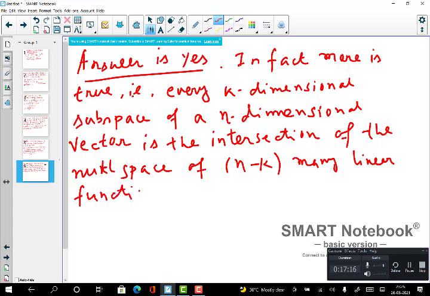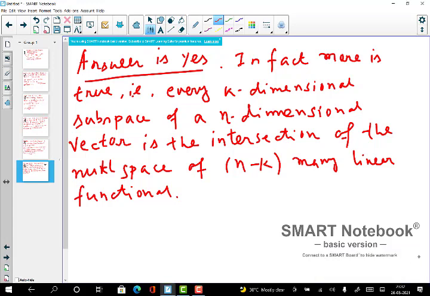I will prove this, don't worry. In fact, when k equals n minus 1, then this subspace is a hyperspace, and n minus (n minus 1) equals 1, right? So then this is the null space of a single linear functional. Okay, so this part is okay for everyone.